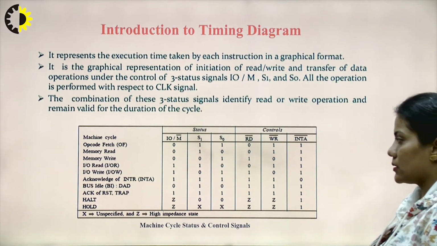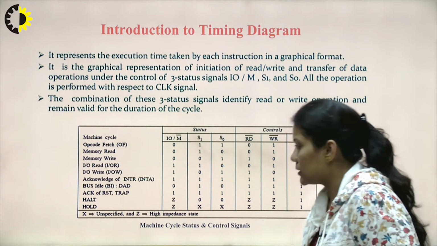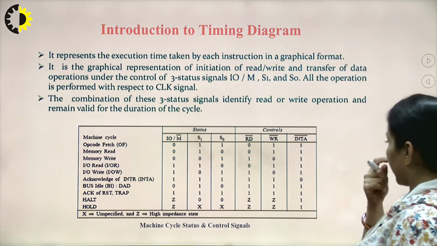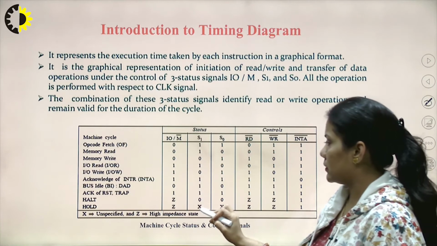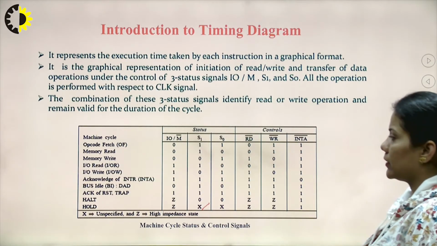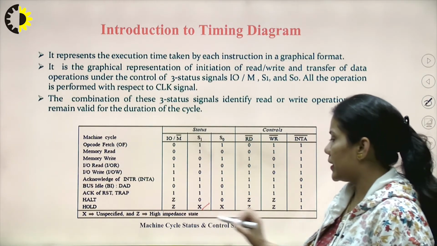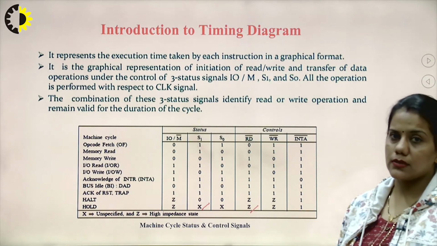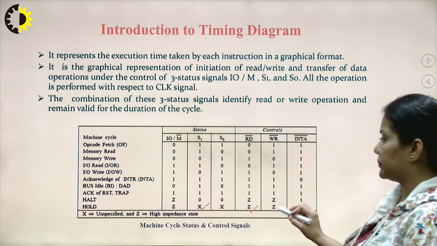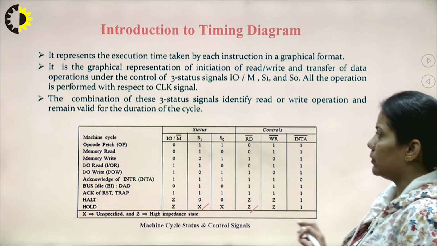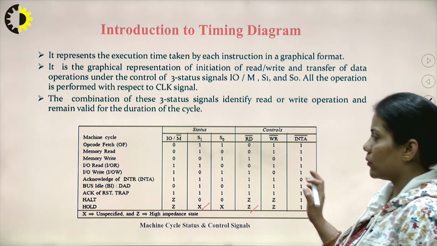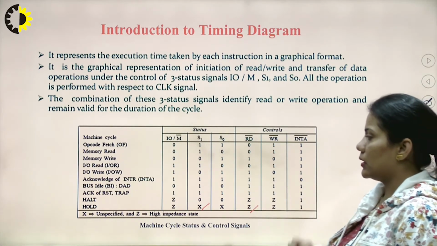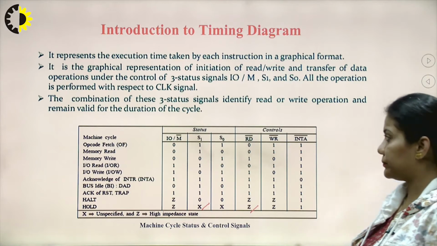Here X specifies the unspecified status and Z specifies the high impedance state. So this whole table denotes the actual states of all the status and control signals in different machine cycles.